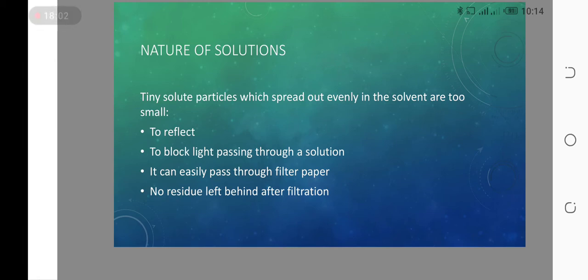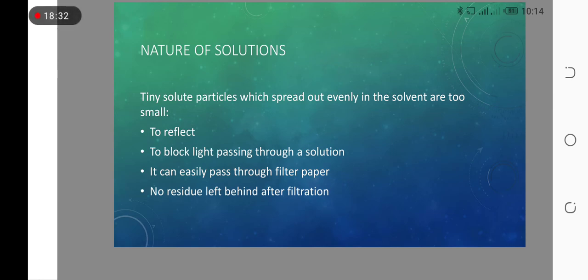Now you have to take a filter paper and pour the solution on the filter paper for filtration. Now you will see that no residue will be left behind when we filtrate a solution of sugar. So this experiment can be easily performed at your home, and you can observe the properties of such a type of homogeneous solution.